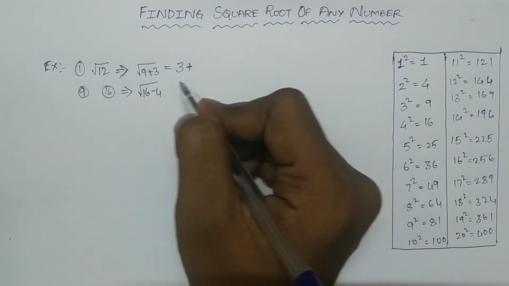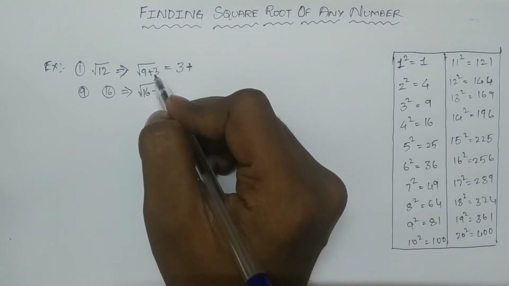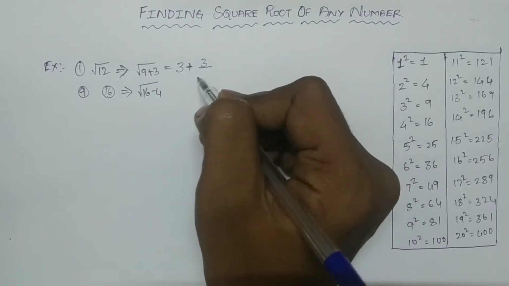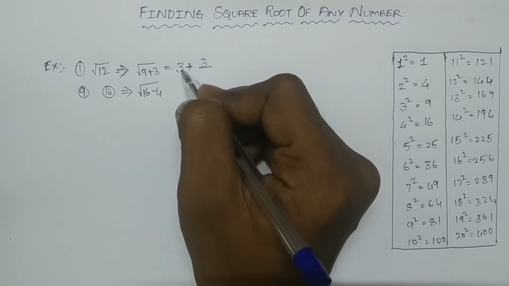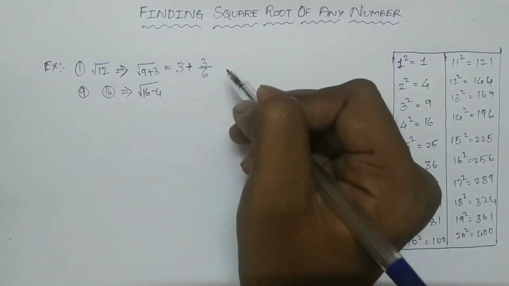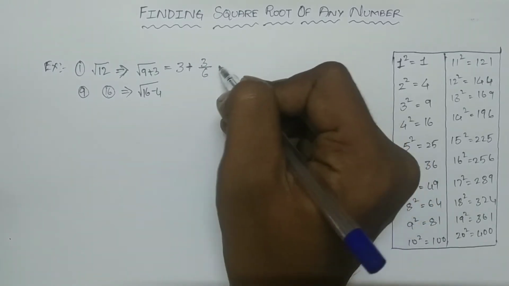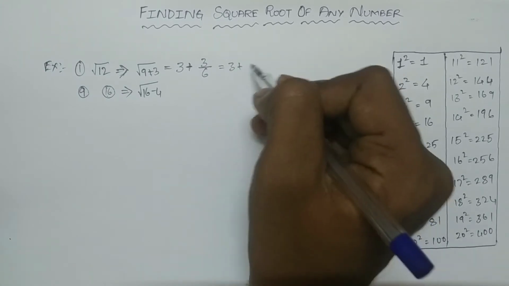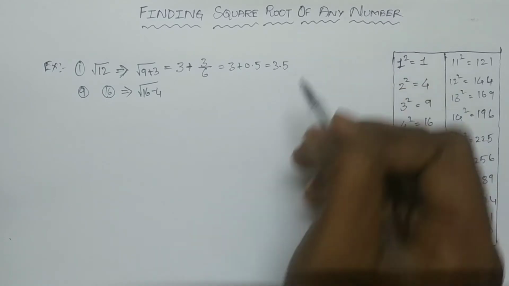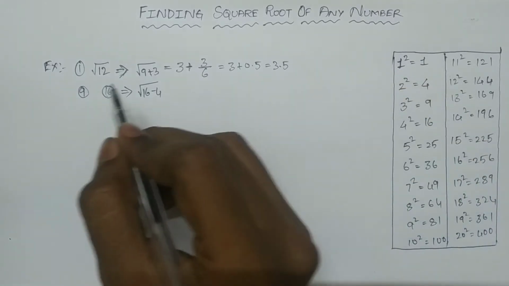The next step is we write 3 as it is, divided by 2 into this value, 2 into 3, that is 6. So the value is 3 plus 0.5, that is 3.5, which is the approximate value of square root 12.